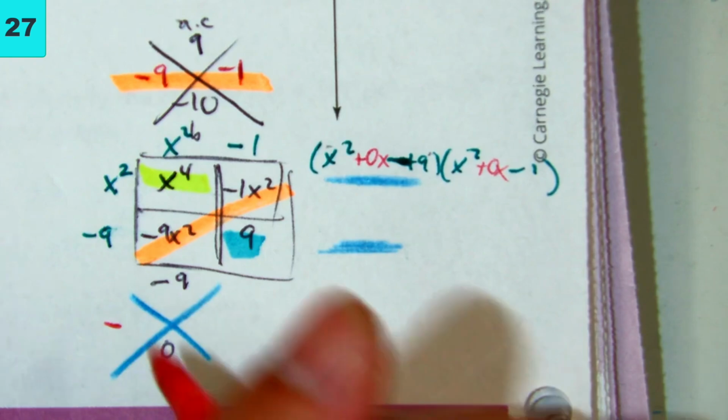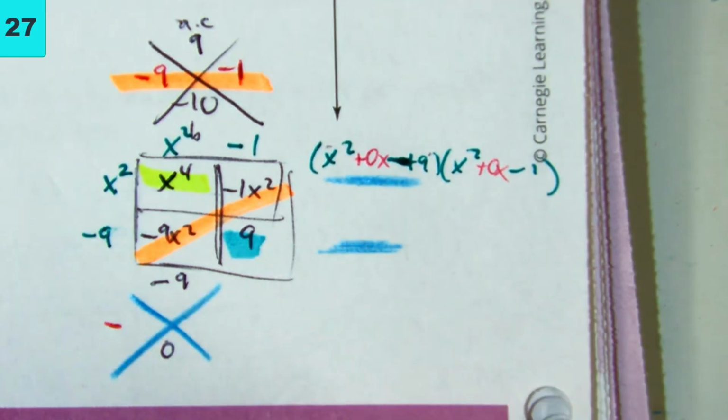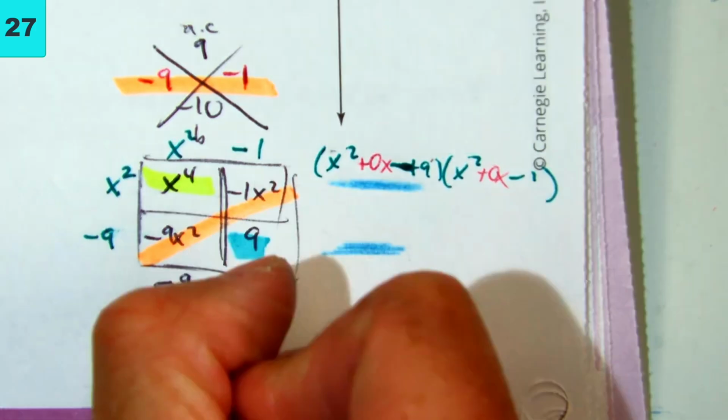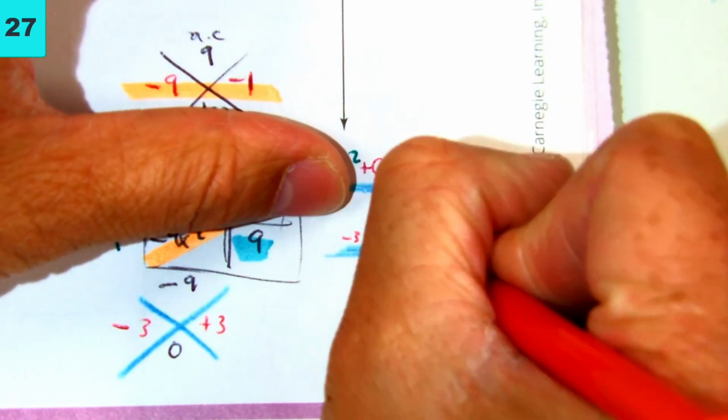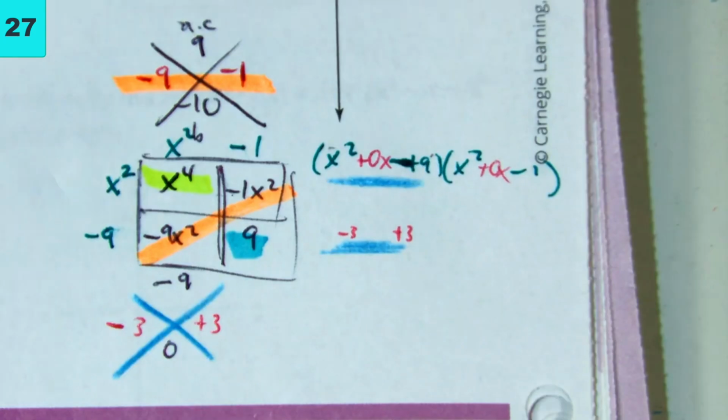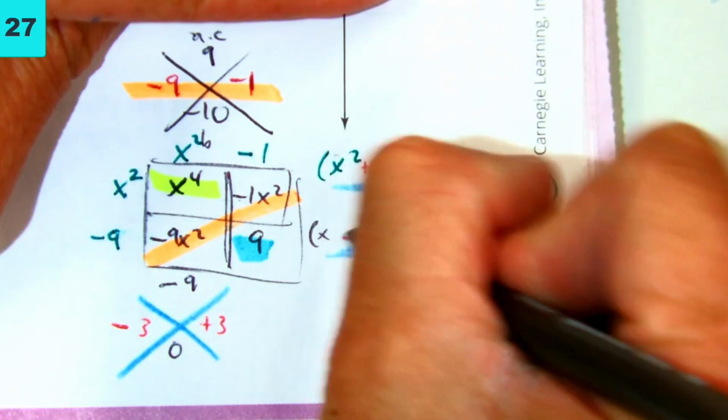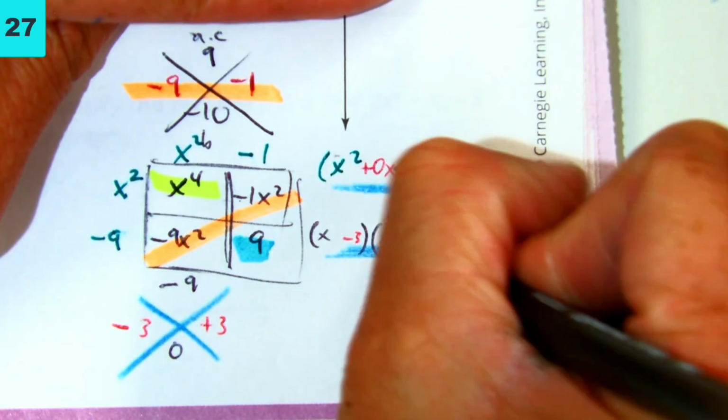Will -9 and 0 add to be 0? So let's write that over here. So I have x minus 3 and x plus 3.